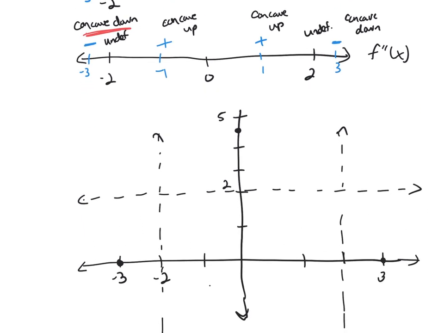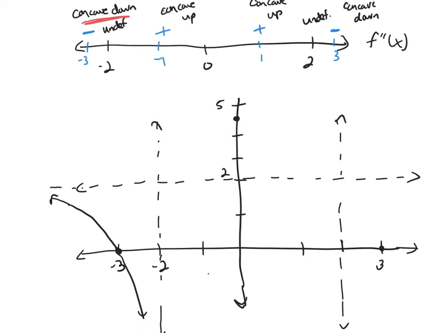So my function should be decreasing and concave down. And it's going to go towards my horizontal asymptote there, so decreasing and concave down, and all the way down here.